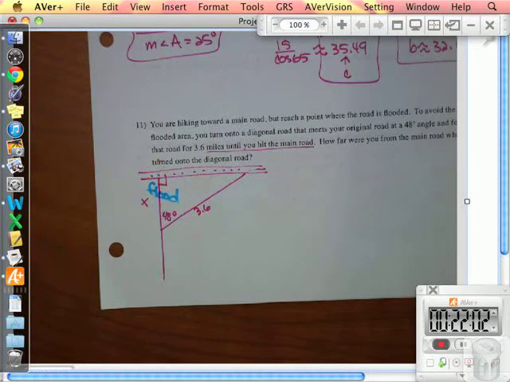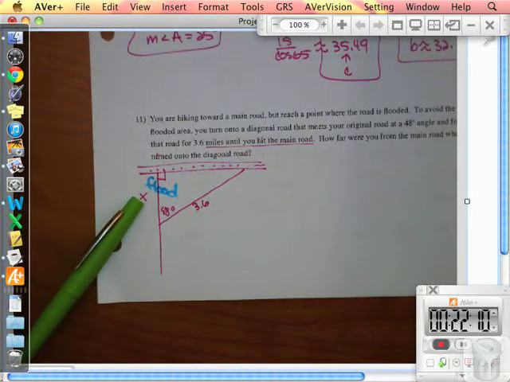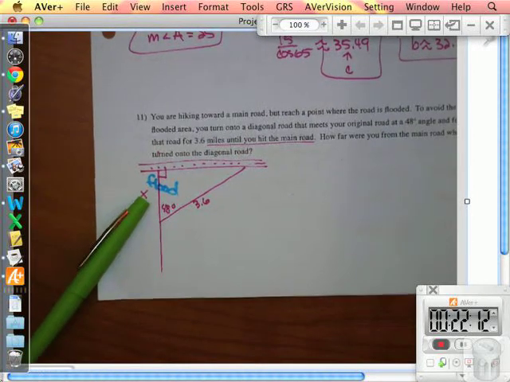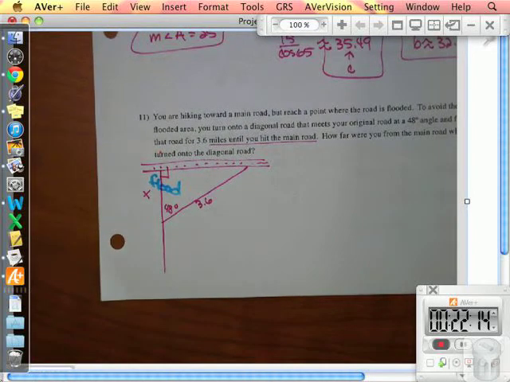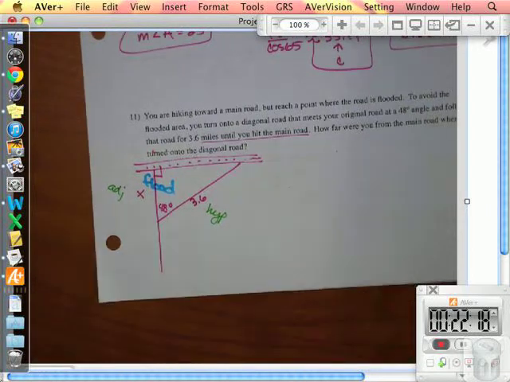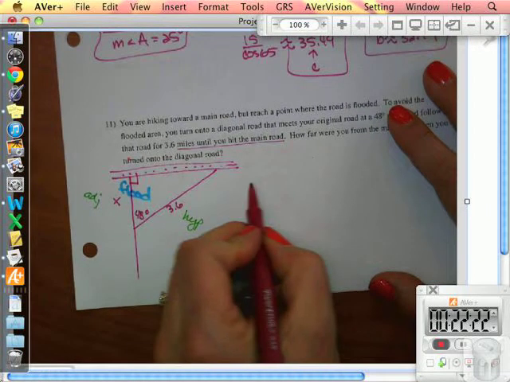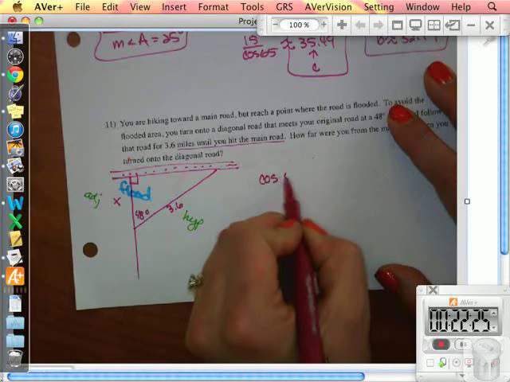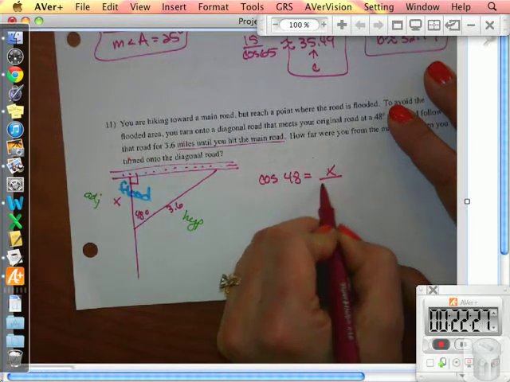Sometimes assumptions are necessary. So we can use a trig ratio. Which one would I use to find this? Adjacent, hypotenuse. So which one would I use? Cosine. Cosine of 48 equals x over 3.6.